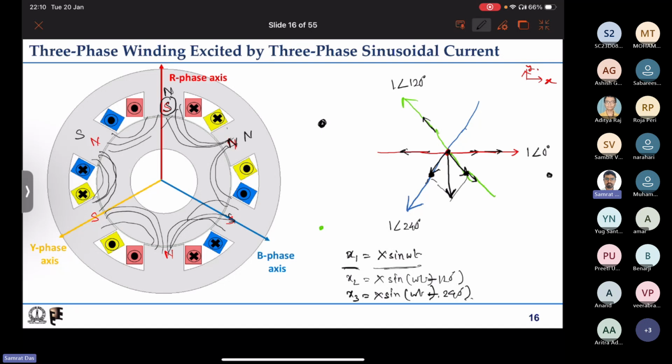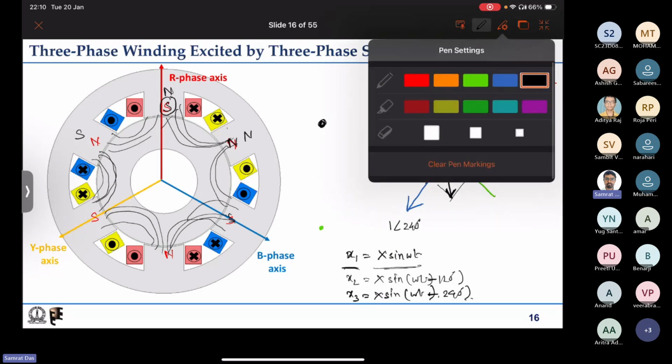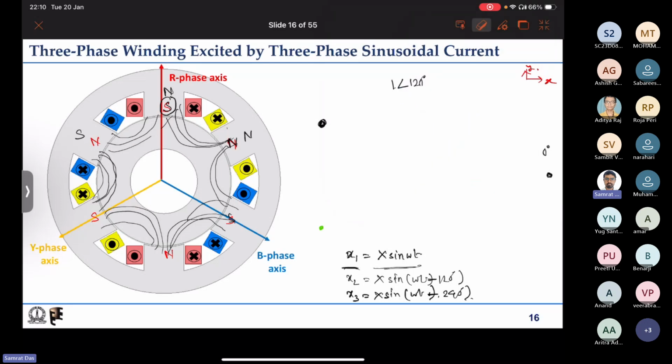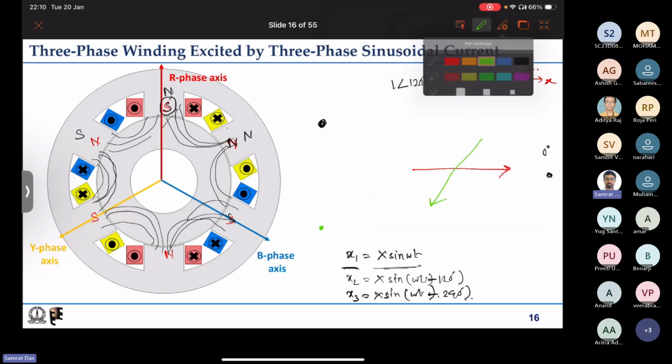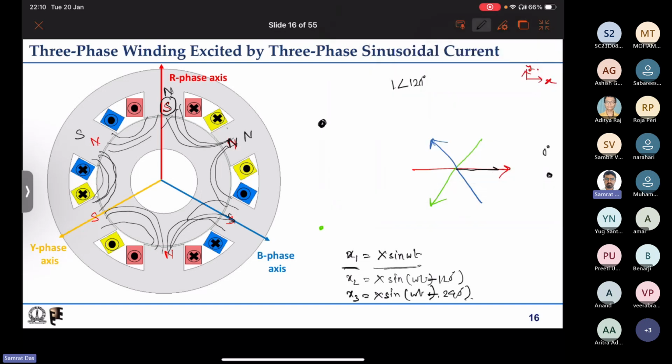Now if we do the same for omega t equal to 90 degree, you would say that x1 is maximum, so it's here.